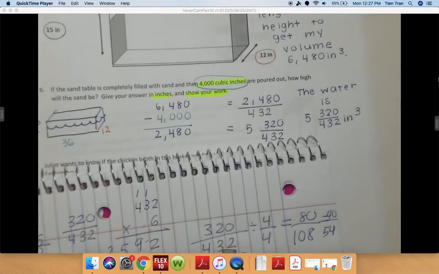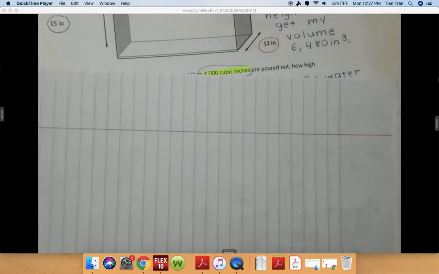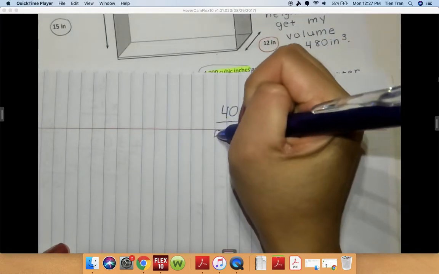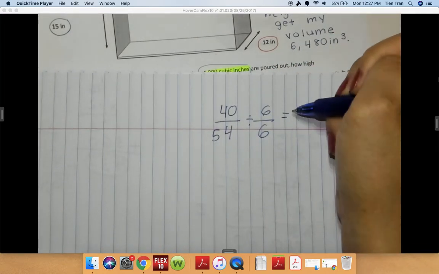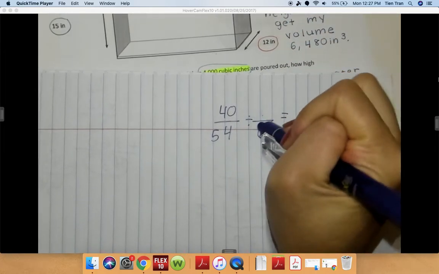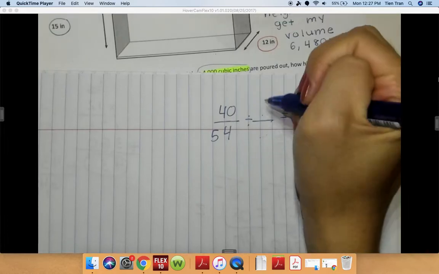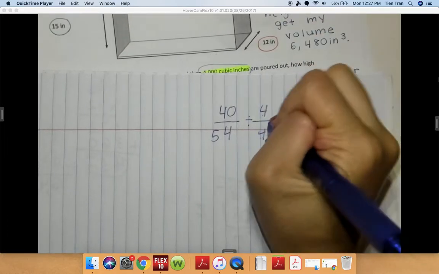I have 40 divided by 54. And I know I can divide both of these by 6. Or by 4, actually. No, by 2.